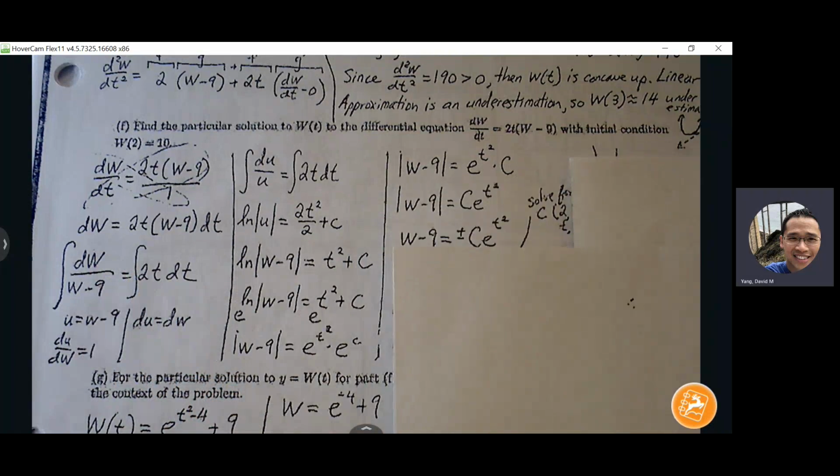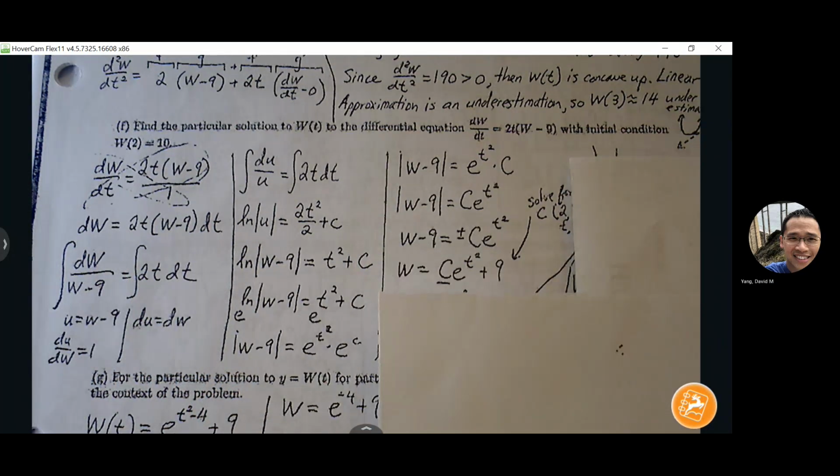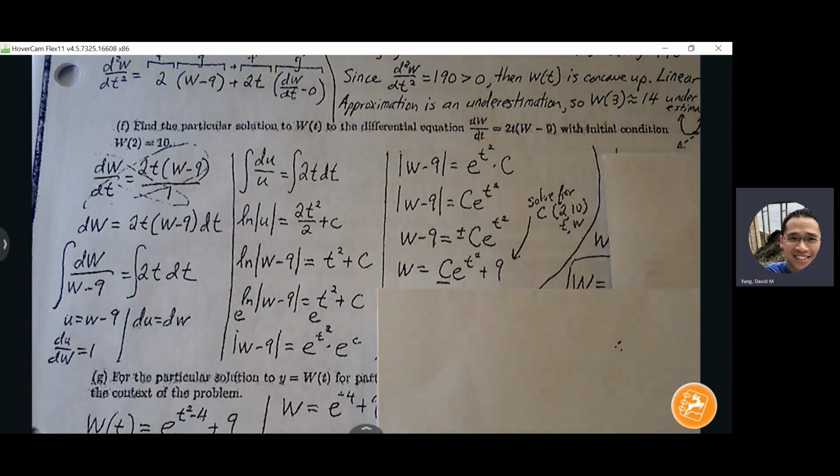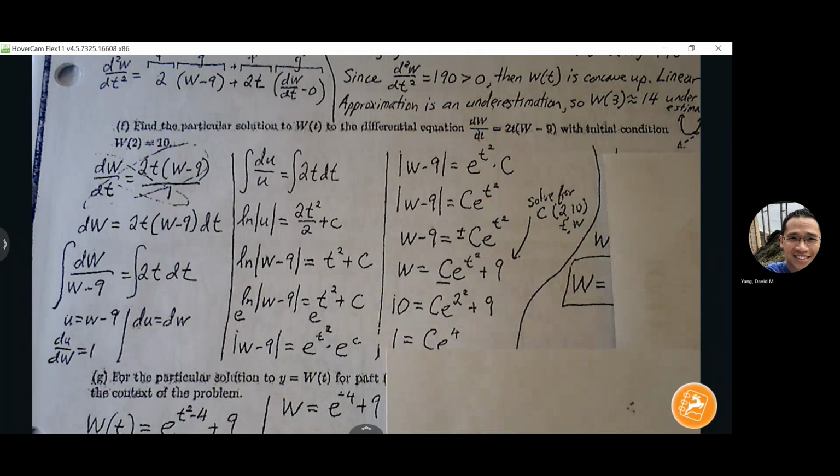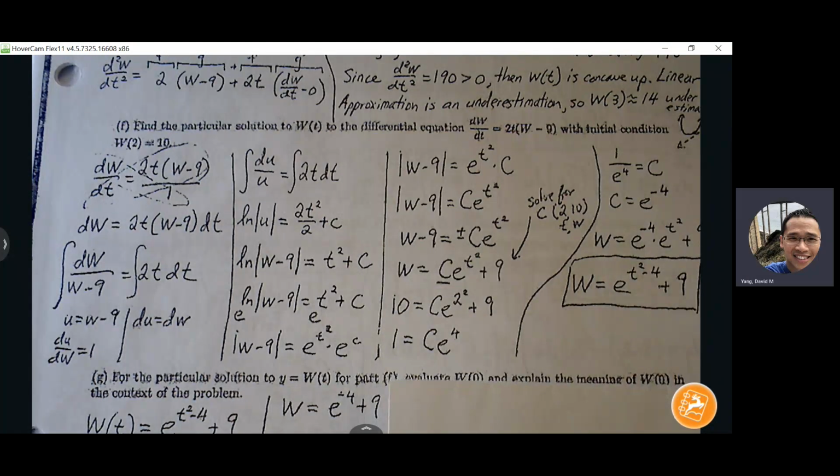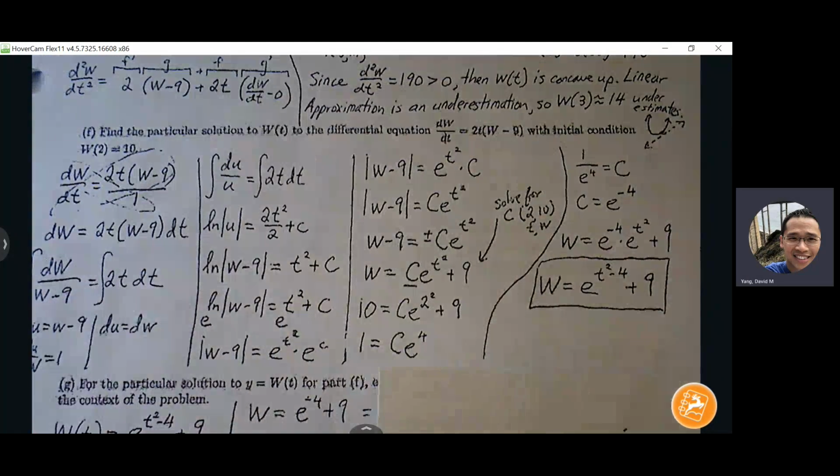Drop the absolute value. Take the ordered pair, 2 for t, 10 for w. Solve for c, and then insert the c back into your w equation.